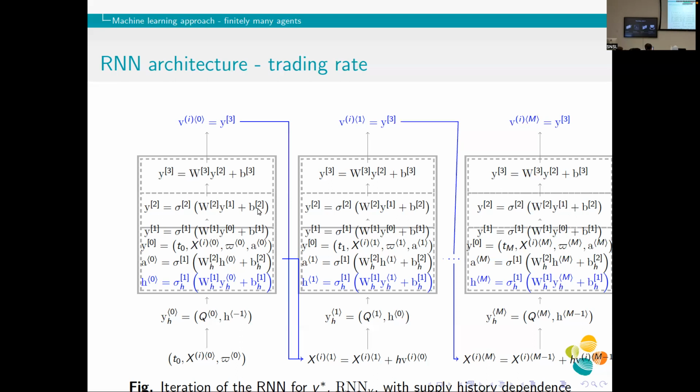You get out of this a new hidden state, and this new hidden state is fed forward into the same neural network. So the advantage is that this is for free progressively measurable, because at every state you only see present and past, so there is no issue. That's one advantage.